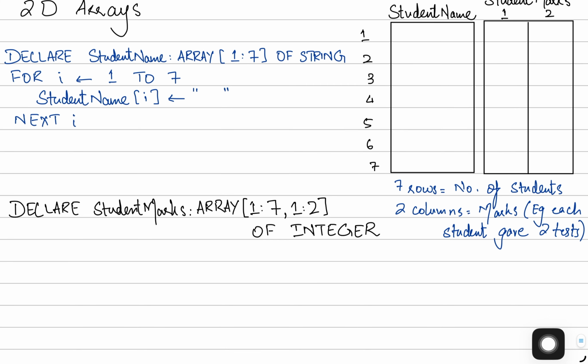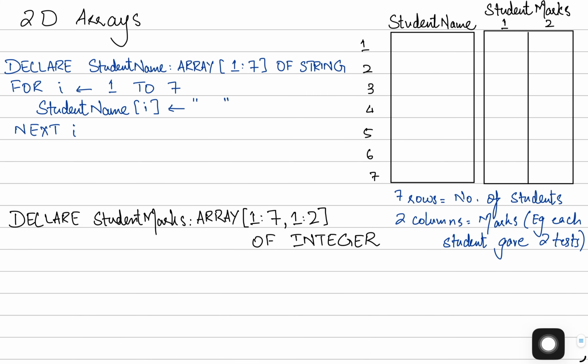In order to access this array, for example, if I want to assign 0 to this box, I can write student marks, the name of the array. Then I need to write down the indexes. Which row is it? It's row 1.